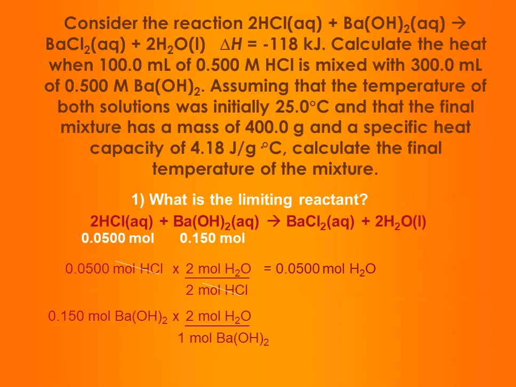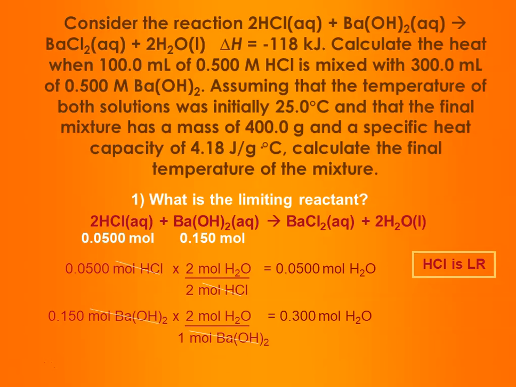And if I did the same thing with barium hydroxide, the ratio would be a little bit different because I only need 1 mole of barium hydroxide to react with the 2 moles of water. And so I actually am able to make more moles of water from my barium hydroxide. So my limiting reactant is my hydrochloric acid. Why that's important is that that's going to help us determine how much heat is given off in this reaction.